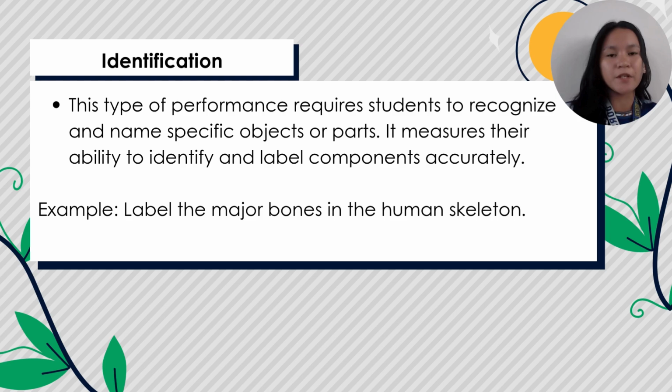This is the first part of performance type, the identification. Identification is a type of performance that requires students to recognize and name specific objects or parts. It measures their ability to identify and label components accurately, like labeling major human bones of our skeleton or labeling parts of a plant.